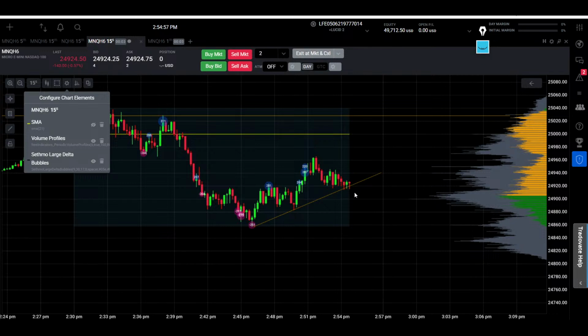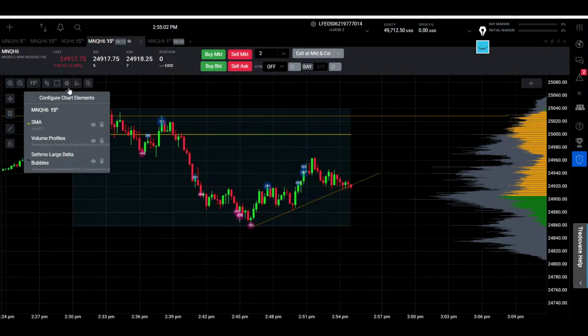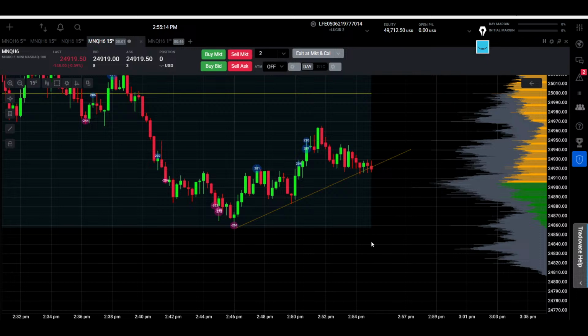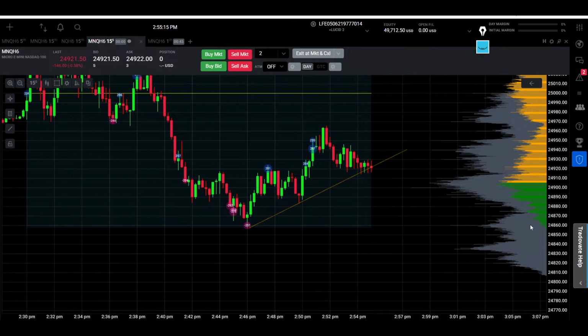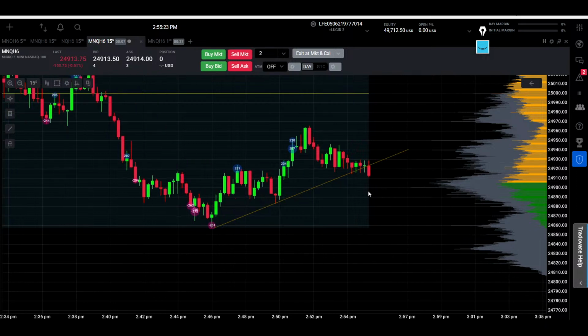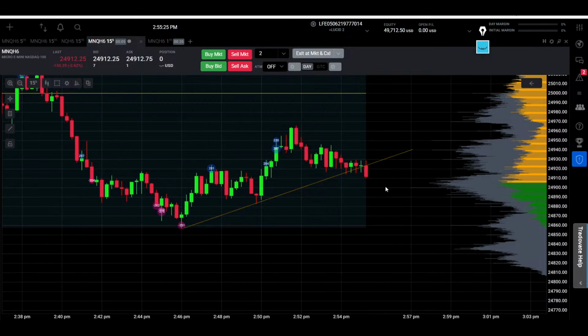It needs to close below the trend line, ideally with a big trade bubble. Will it do that? Looks like it will. I will enter.